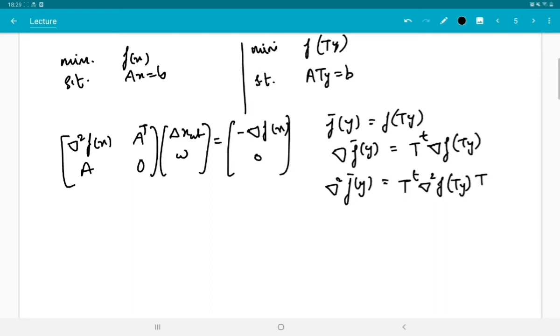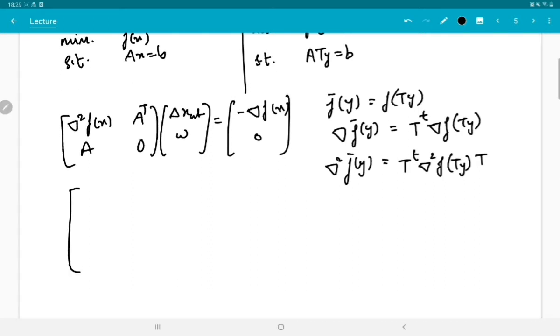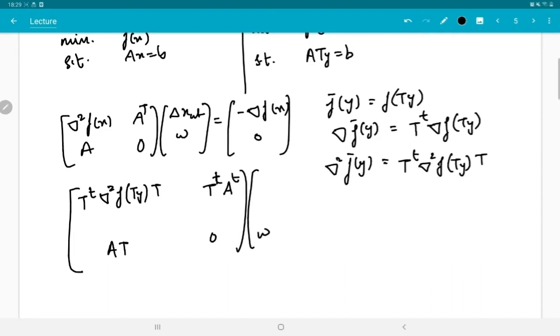Now we can plug in these values here. So now we have the new matrix: T transpose del square f(Ty) T, and we have T transpose A transpose here, and the W is unchanged because we made the change only to x.